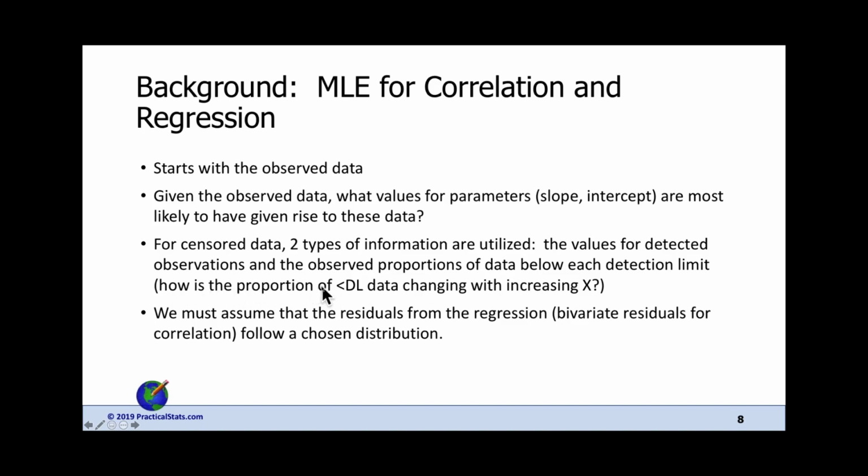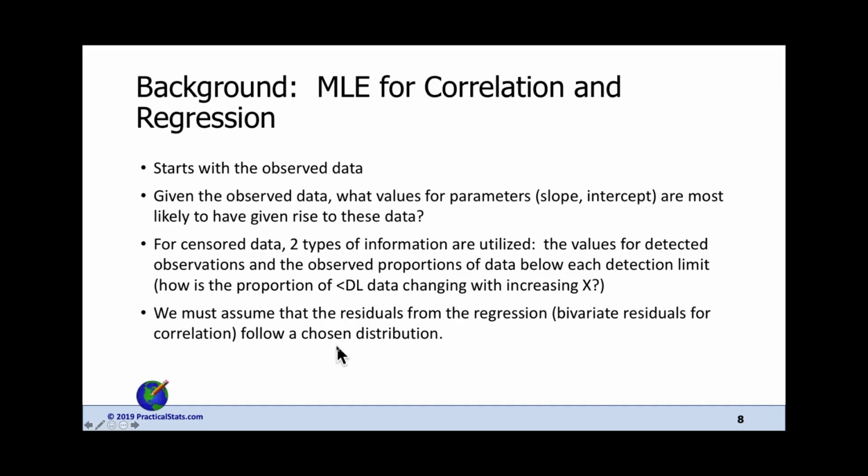If the proportion of non-detects, which are the low values, decreases, if you don't have many of them at the upper levels of X, that's evidence for a positive slope. If the proportion of non-detects increases as X increases, that's evidence that the data are going down and that you'd have a negative slope. And so those proportions and how they change are the second piece of information that is used without substituting in a number for those.